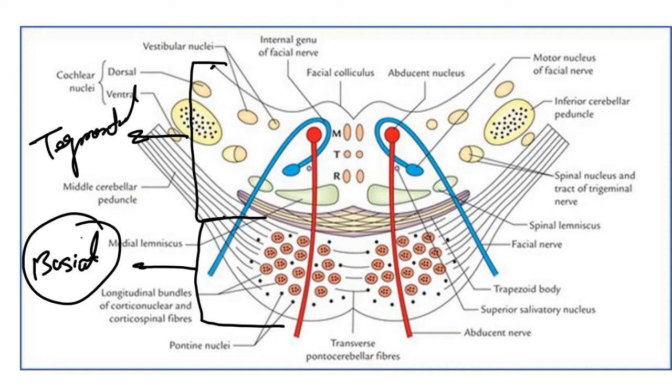This basilar part contains lots of pontine nuclei. The basilar part also contains the corticospinal tract, corticonuclear tract, and corticopontine tract.